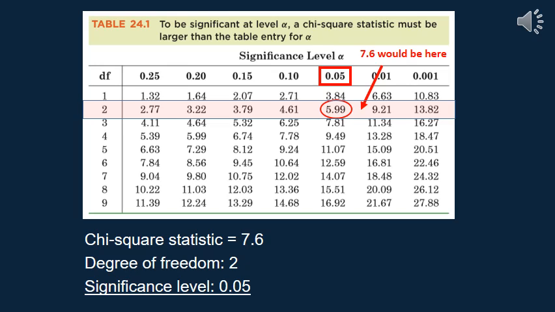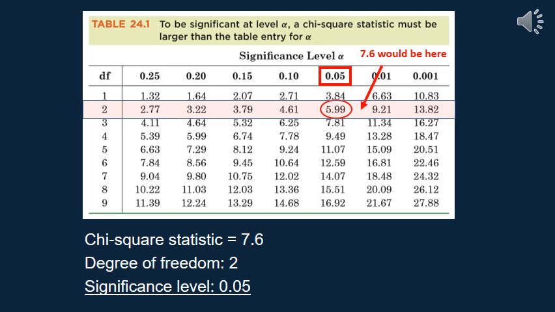I use 5.99. Once I obtain this number, the one with the red circle, I look at the corresponding significance level alpha on top in bold characters, and this significance level is 0.05. It is in the red rectangle there.